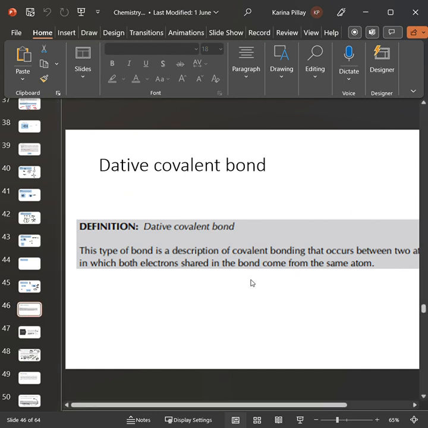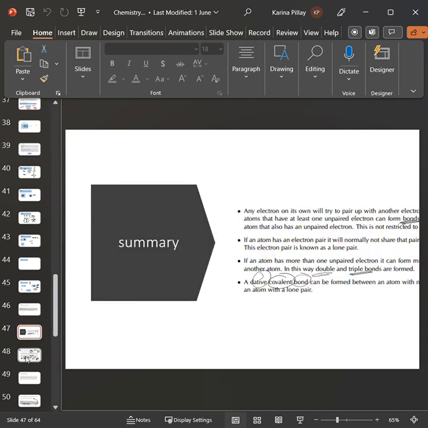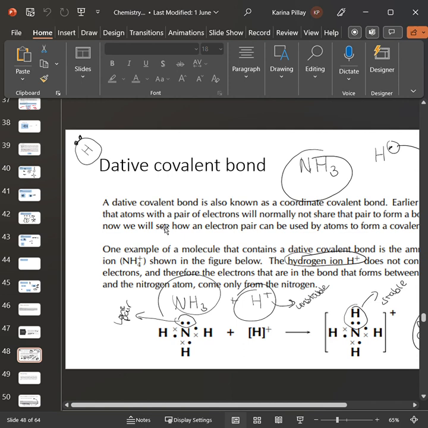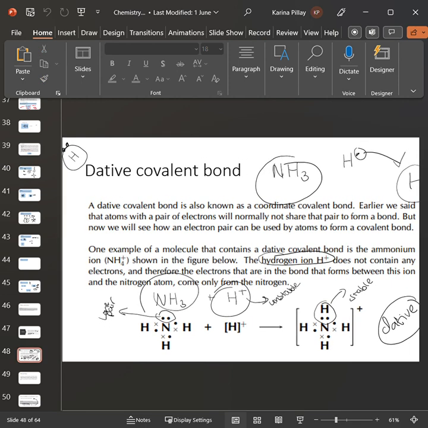We also went through the definition of a dative covalent bond. This is a special type of covalent bond where your shared pair of electrons is only coming from one atom. An example we've done here is NH3 and the H+ ion.